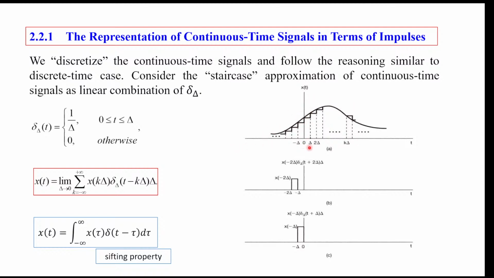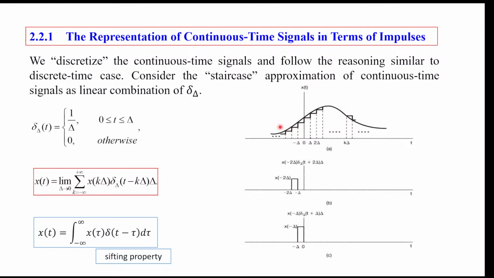So we write a whole bunch of stairs with the width of those stairs being delta: 0 to delta, delta to 2 delta, etc. And so we approximate this smooth function with those stairs, where each stair has width delta, and the height is the value of x of t at the left side of the edge here.